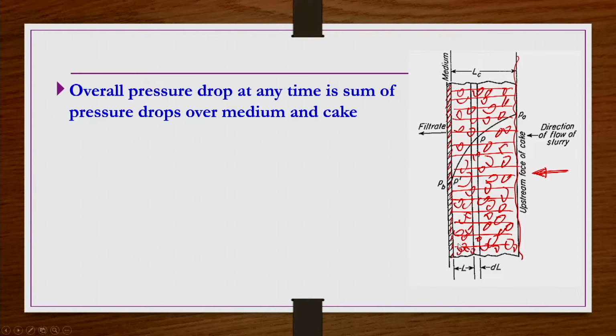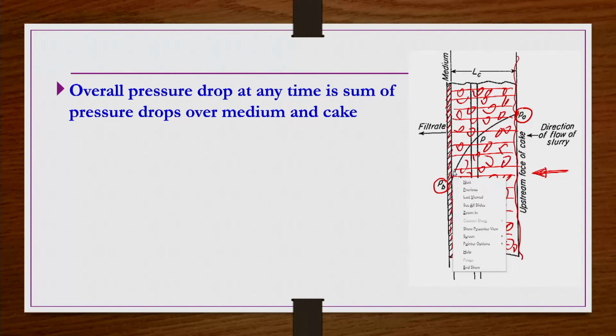Now the pressure at the top surface of the cake, let us call it PA, and the pressure downstream on the filtrate side, let us call it PB. There is one more pressure, different from PA and PB, at the interface between the filter medium and the cake, known as P prime.